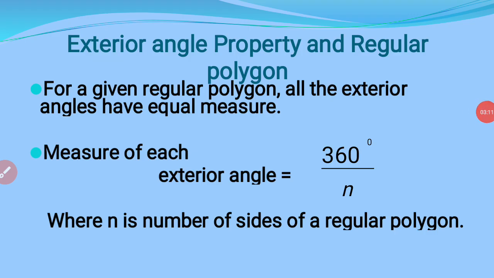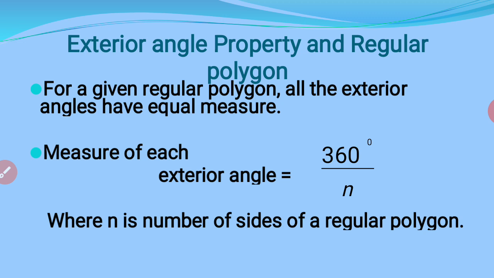The next is regarding regular polygons. For a given regular polygon, all exterior angles have equal measure. If it is a regular polygon, all the interior angles will be of the same measure. That is why the exterior angles also will measure the same.